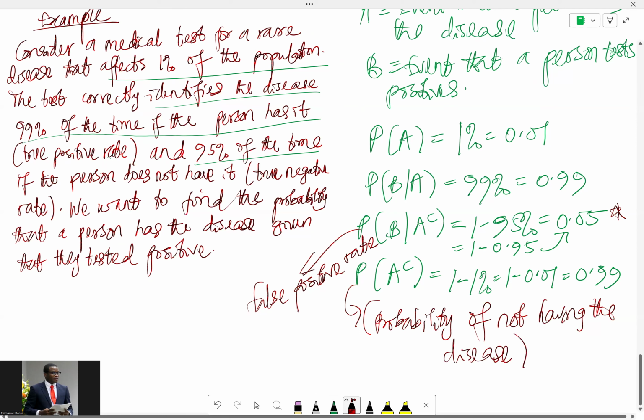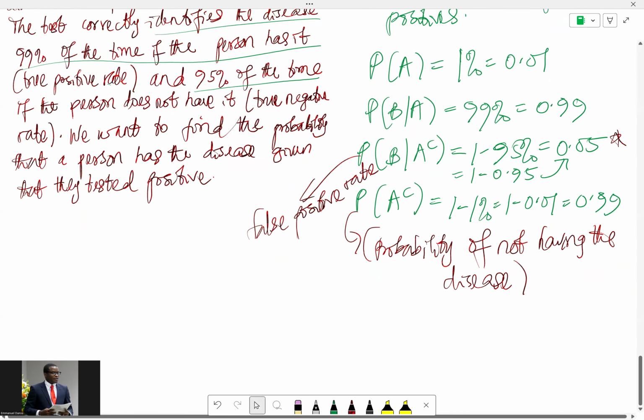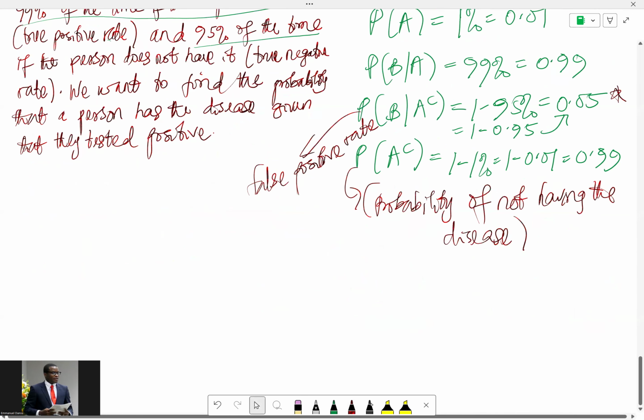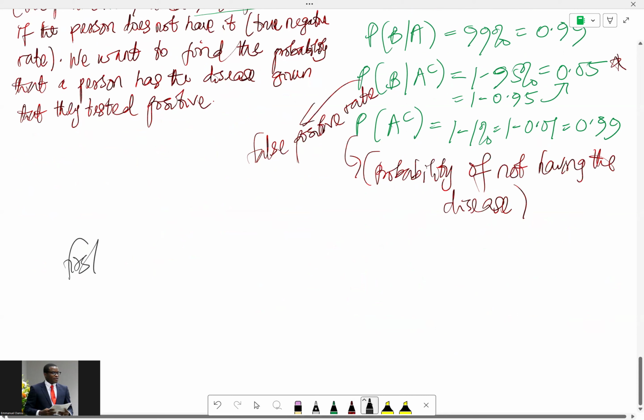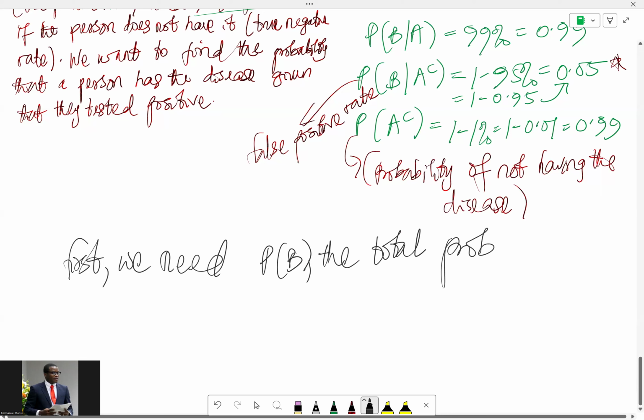Okay. So with everything that has been stated, we need to then calculate the probability of B. That's the total probability of testing positive.